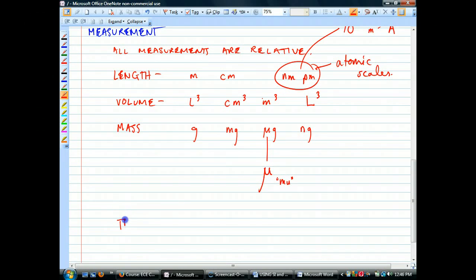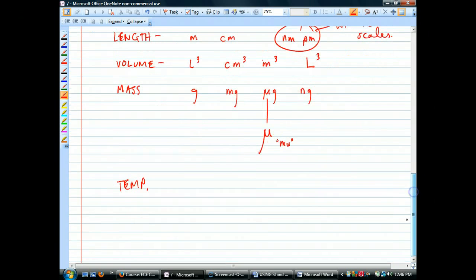Lastly, temperature. Of course, we could talk about time also, but we can only measure to the nearest second in here. We don't have capability to go to picoseconds.